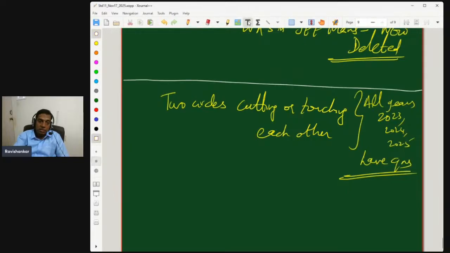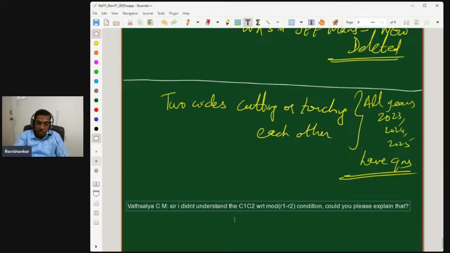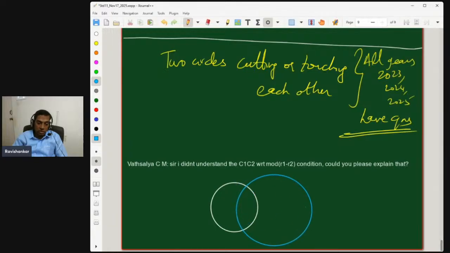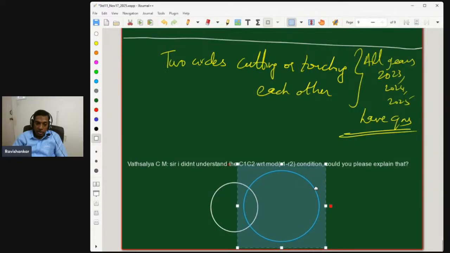Okay, now only one other doubt. Vatsalya has asked, I didn't understand the C1C2 with respect to mod of R1 minus R2 condition. See, that is a slightly tricky thing, Vatsalya. See, if two circles are like this, so for example, this is C1, this is C2.